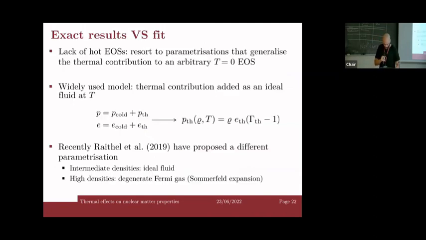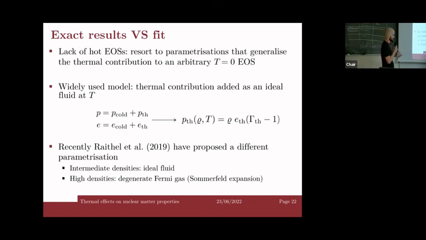And so, just to finish my presentation, because I have been talking about microphysical calculations, exact calculations, but we know that in the neutron star market of equations of state, there are a lot of cold equations of state. But there are much fewer hot equations of state, because it is a challenge to generalize the zero temperature scenario to the finite temperature scenario. So people have resorted in the last 2 decades to parameterizations that could simulate these thermal contributions.